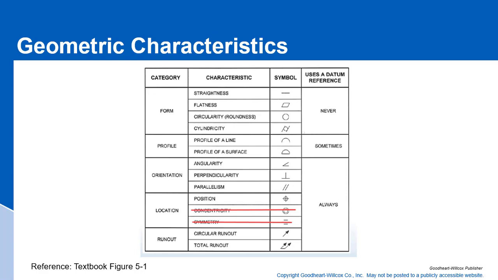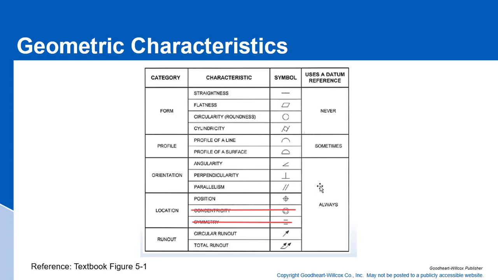I like to show this slide because it talks about all of our five different categories of geometric tolerances, and then this breaks it down by what the characteristic is within that category, and then what the symbol is for that characteristic. We like to talk about form tolerances first because we never use a datum reference.